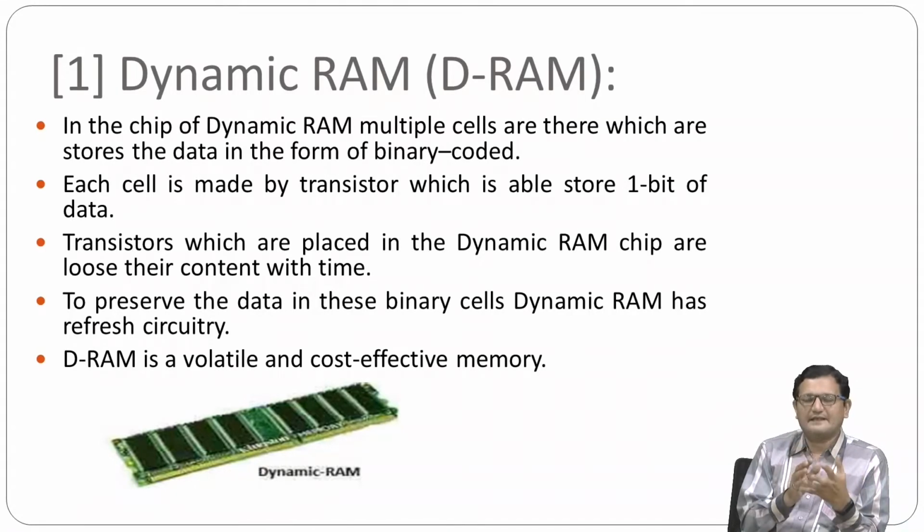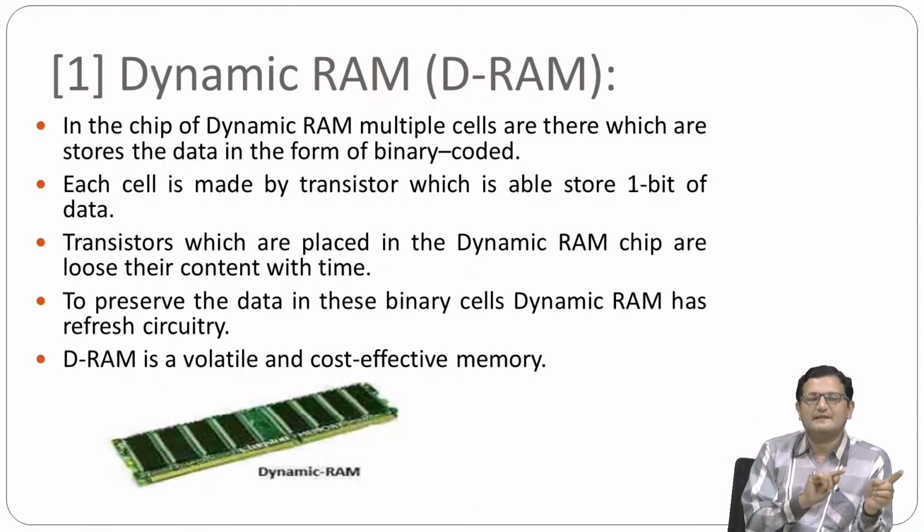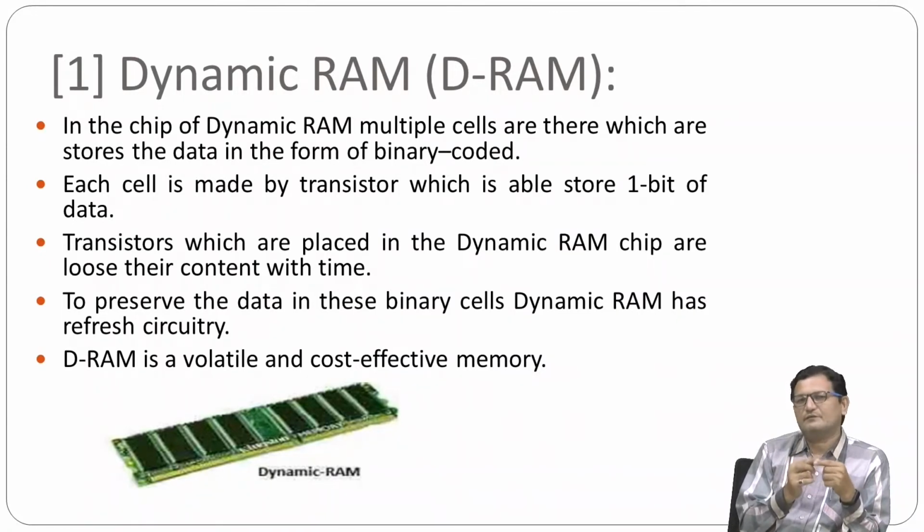The refresh circuitry frequently reads the content of each transistor, and that content gets restored, right? So that refresh circuitry is actually adding an overhead on the random access memory.